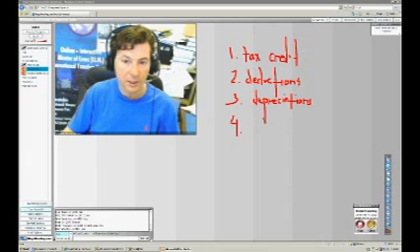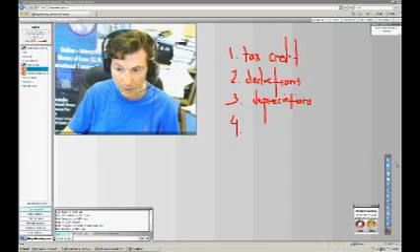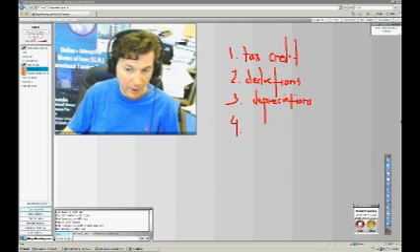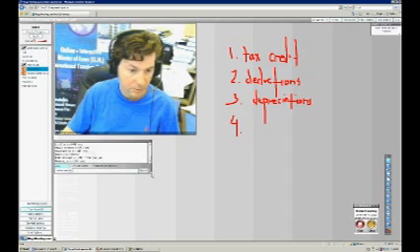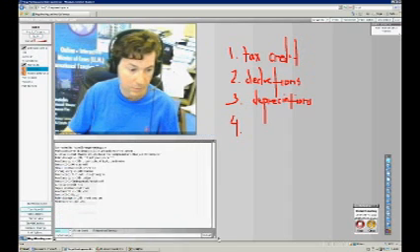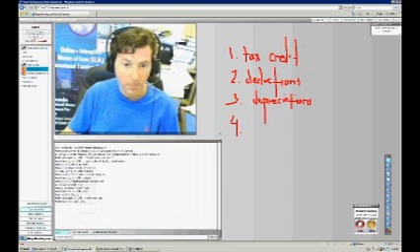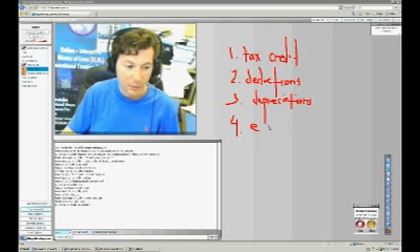What else can we do on an international basis? Feel free to chat into your chat box. Exemption, 100%. What kind of exemptions do we have in the United States?